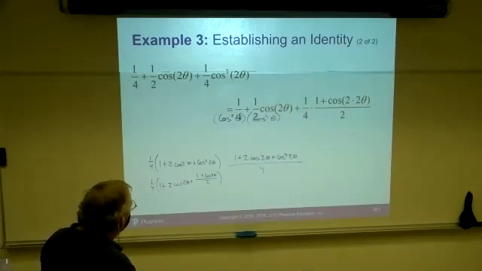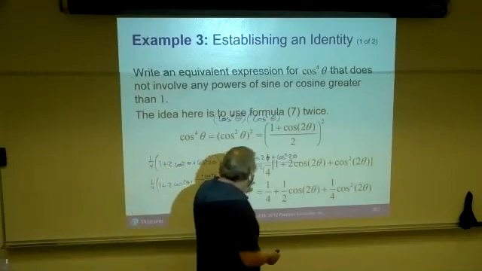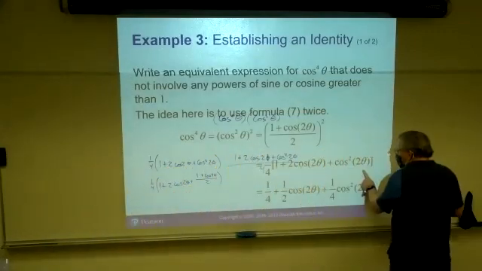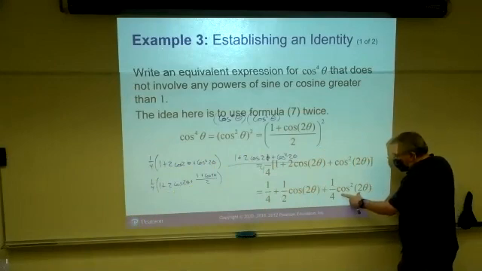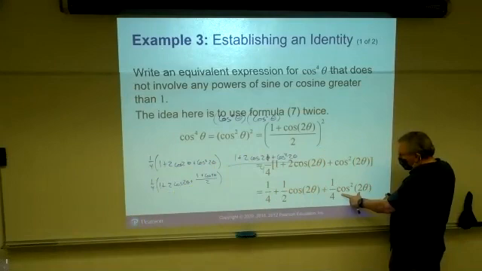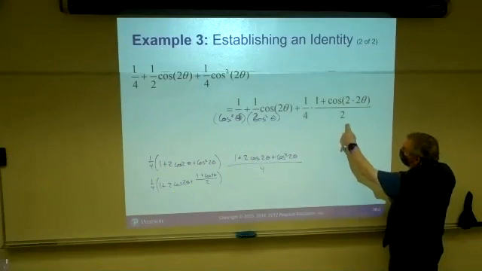Oh, no. I see what they did. Right here, they multiplied in by 1/4 and got this. And then they converted this. Okay, so now it's going to be 1/4 times that.